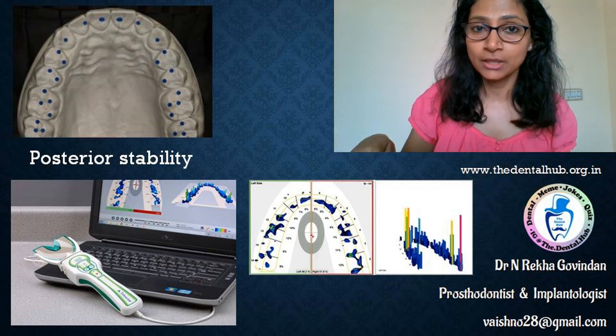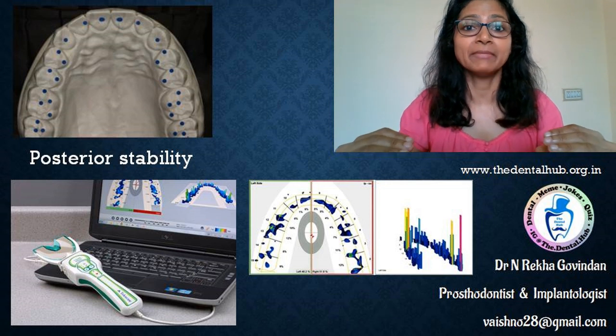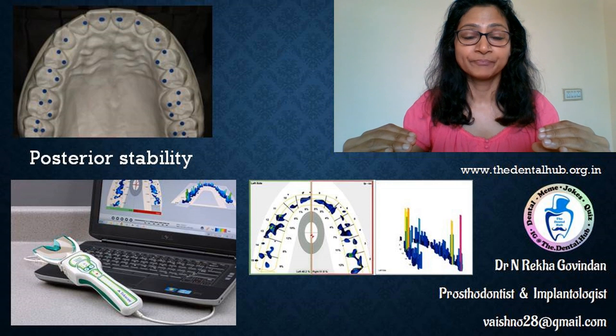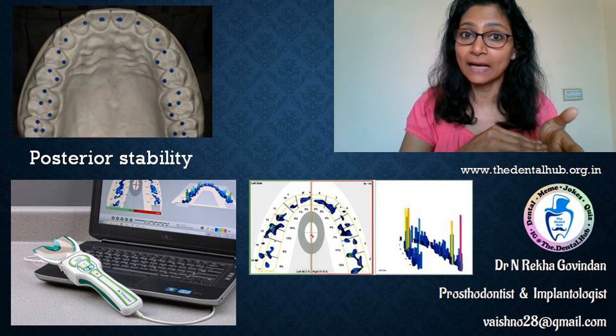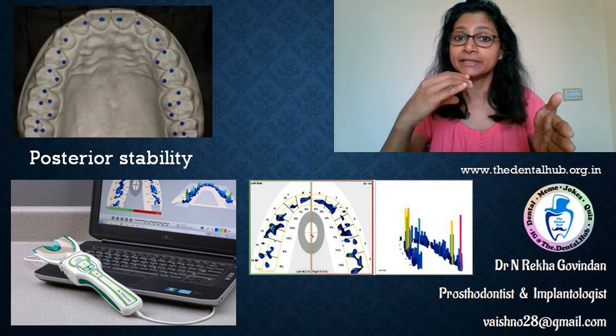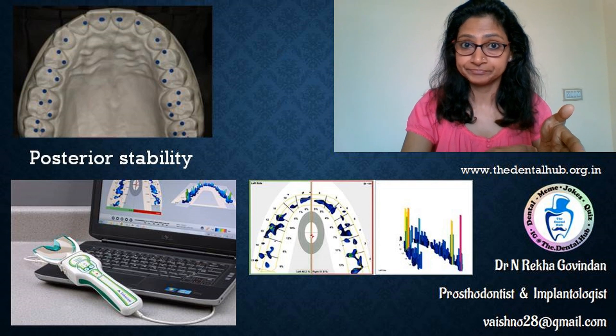Across the arch, the timing of contact between the maxillary and mandibular occlusal surfaces, the timing meaning the first point of contact, the time at which they come in contact first, and the duration, the time period they are in contact.